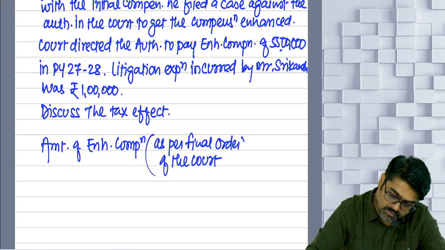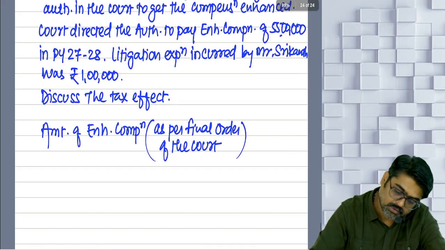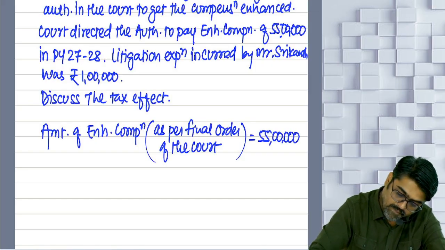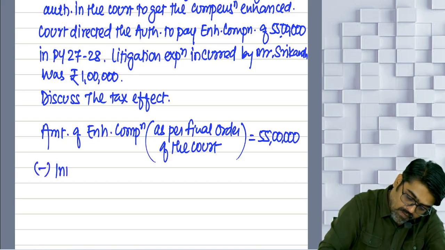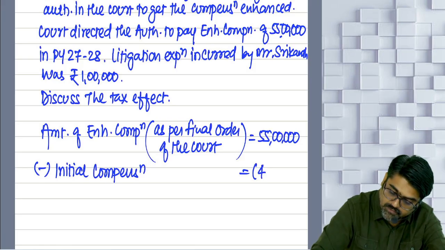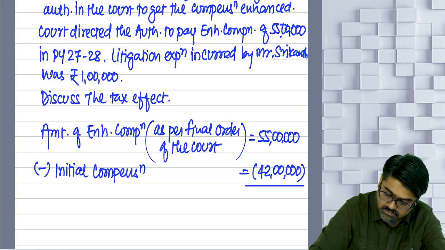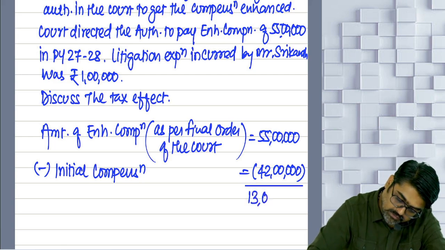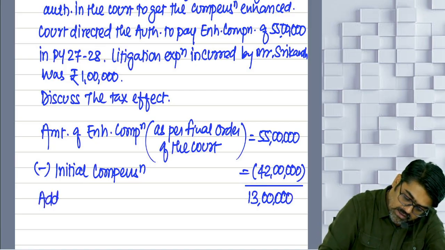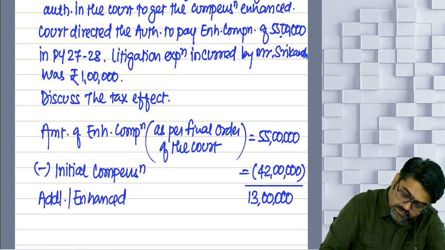So as per the final order of the court, how much? 55 lakhs minus initial compensation, which was already given and will not be given again, no? So minus 42 lakhs. How much? 13 lakhs. This 13 lakh is known as additional or enhanced compensation.